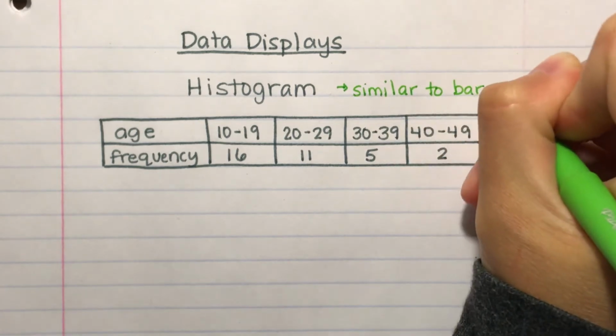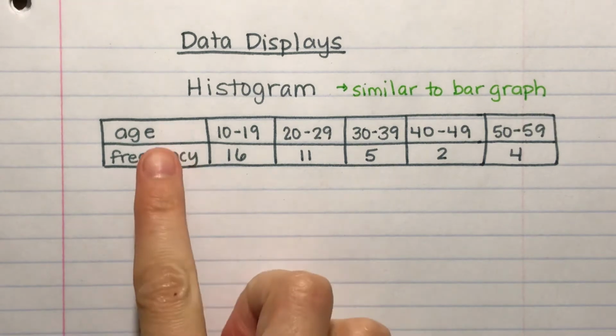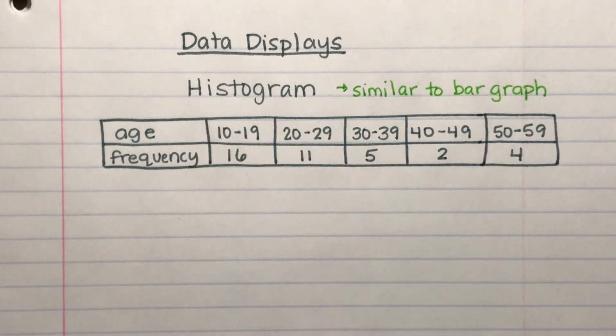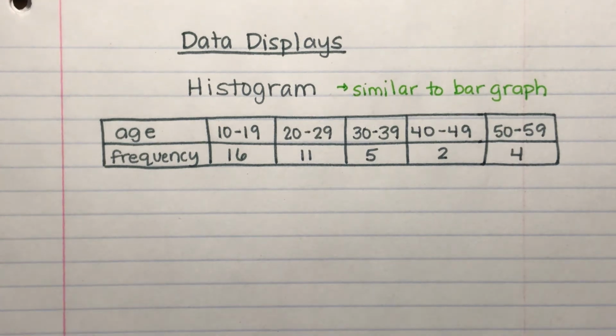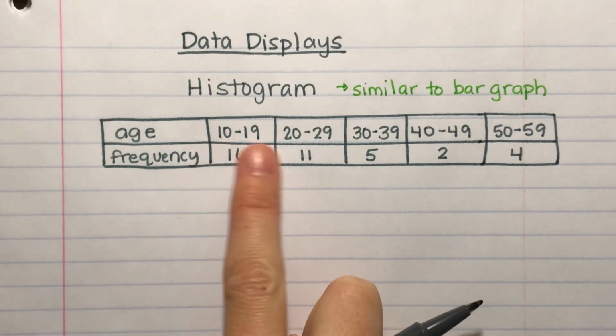But when you look at how my data is laid out here, I've got different age ranges. Maybe my question from my project from last week was, how old are you? And instead of just writing all my numbers out, I grouped my numbers into certain categories, like 10 to 19.